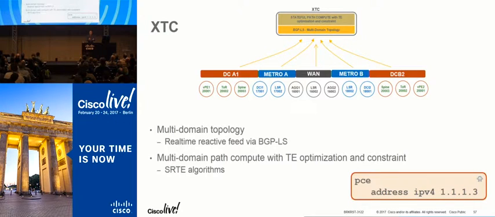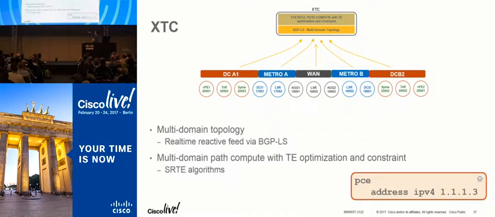And it's going to compute in the same way, but on a bigger database. The only thing I need to do is tell my XR code that it is a PCE server that is going to help the others, because the others don't have the same database, they only have the database of the local domain.